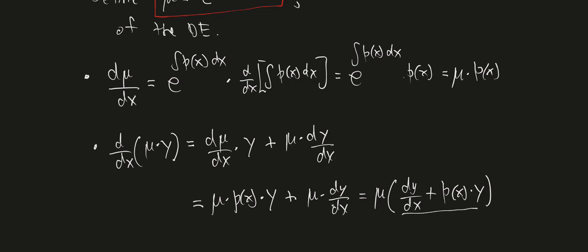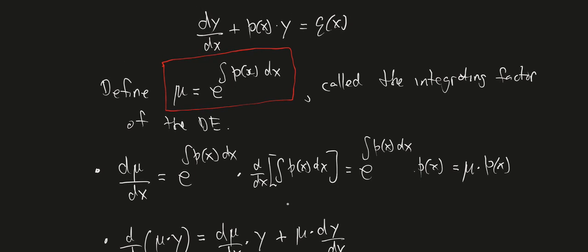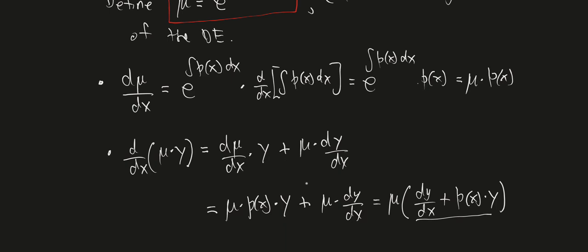That is the left-hand side of my differential equation. So it seems like what is missing is the integrating factor. In other words, if I multiply the left-hand side of my linear differential equation by mu, I can turn it into the derivative of a certain product, which is exactly what I want.